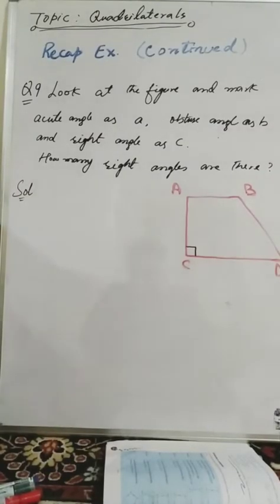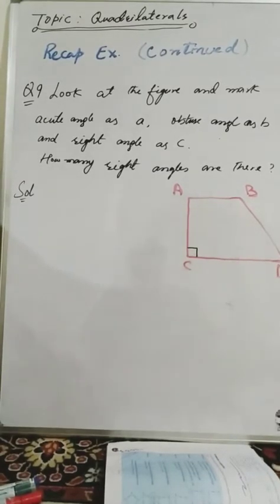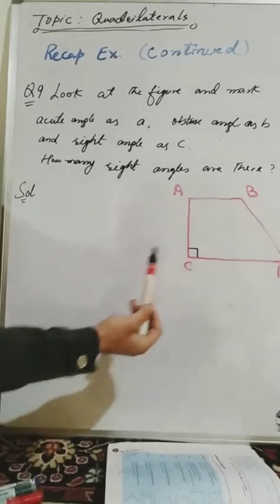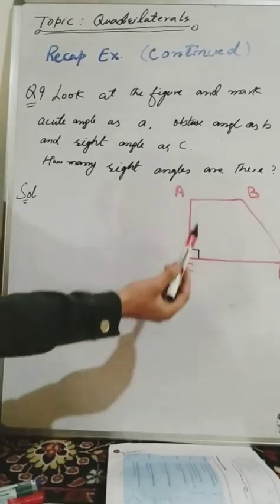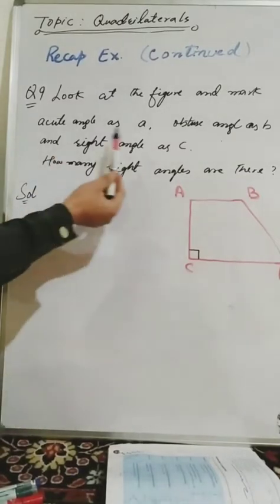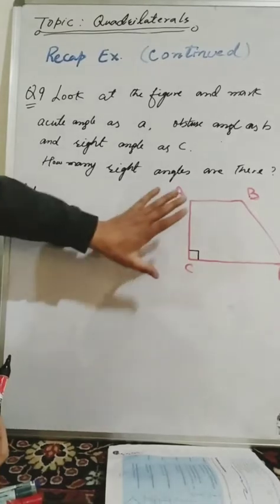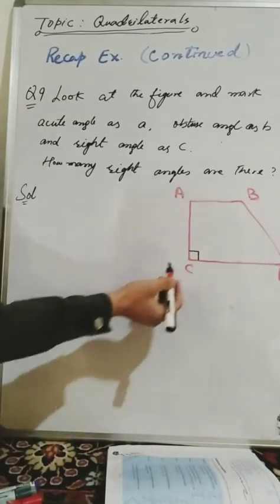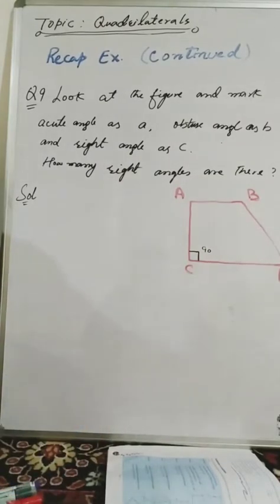Now question number 9, we have a figure ABDC, a quadrilateral here. We have to check which one is acute angle, which is obtuse, and which is right. We have to note them by A. Acute angle is A, obtuse angle is B, and right angle is C. Looking over this figure, we can check this is a right angle 90 degree, or you can check it by using the protractor also.